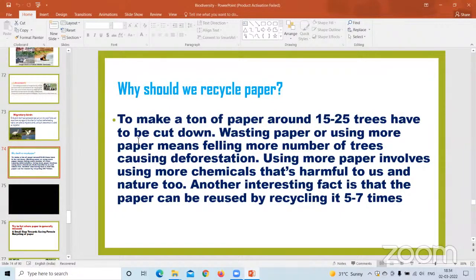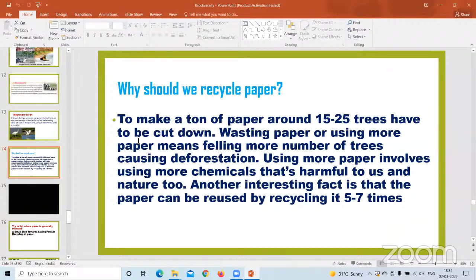Pulp means they crush the wooden bits. That wooden bits crushed, that one mass is called pulp. The color of that pulp is brown. So to remove that brown color, they added chemicals and they washed that pulp with water.